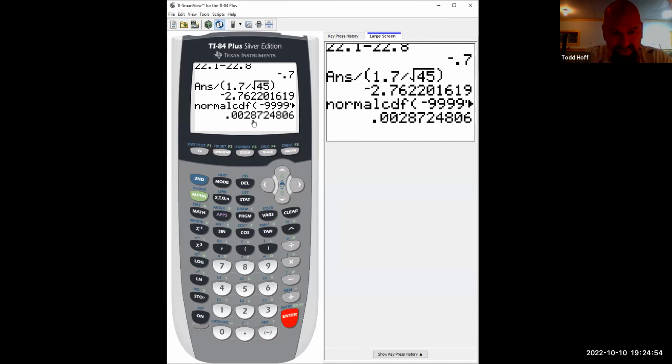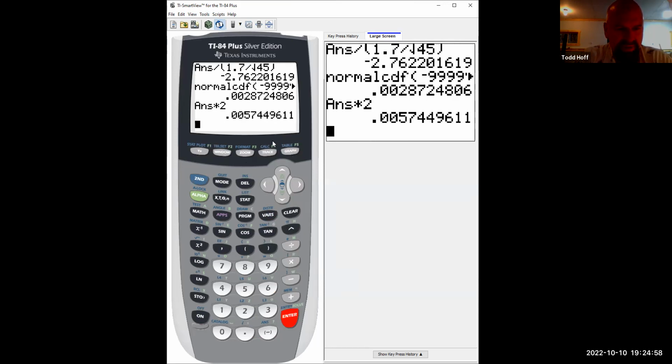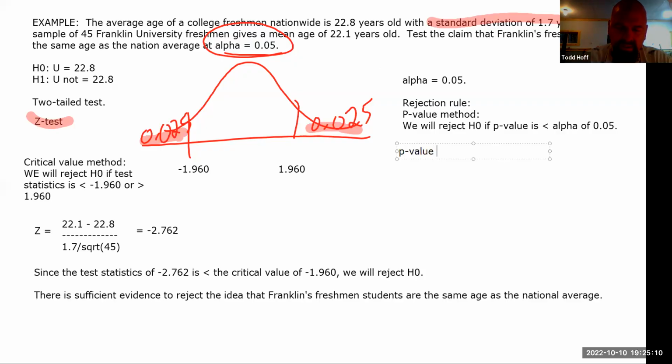With that probability, now that's only on one tail. Since this is a two-tailed test, we do have to multiply by 2. We get 0.0057. Now this is approximate because we rounded our test statistic. So a p-value is 0.0057.